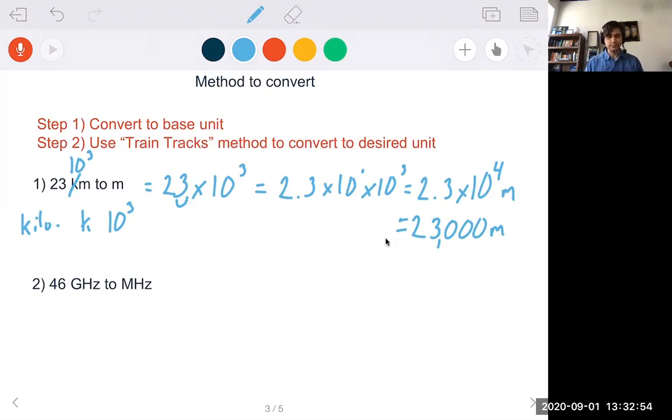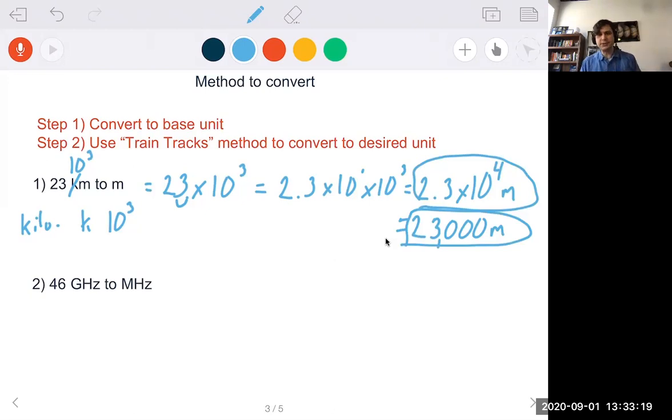Not that bad. And that was just step one. We went directly to the base unit. And you can keep it in scientific notation if you want, or you can put it all the way out in this long form. And once you get used to it, you might just want to skip some steps here and go, oh, 23 kilometers is 23,000 meters.